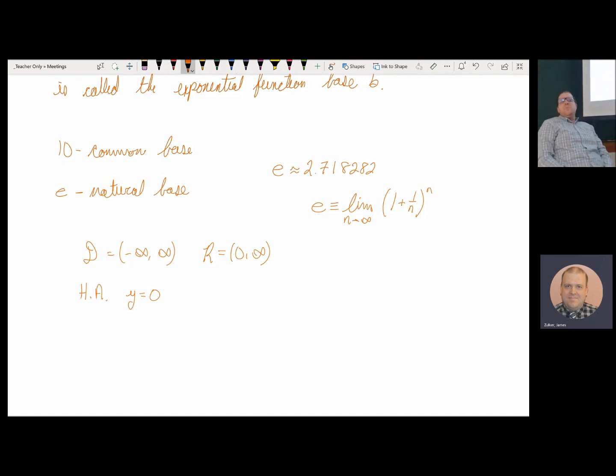If b is larger than 1, then it's on the left. As x gets larger, the function will increase without bound, but as x gets larger in the negative direction, it approaches 0. If b is less than 1, the horizontal asymptote is on the right side. As x gets larger, your function approaches 0.